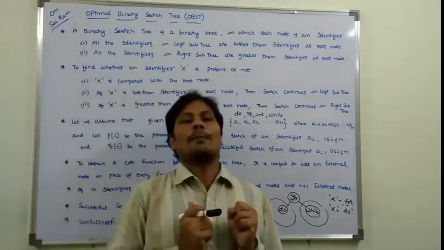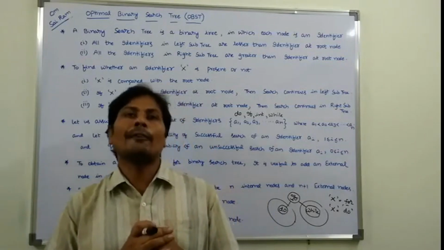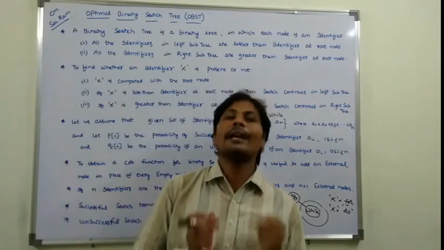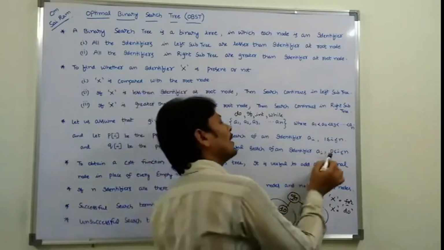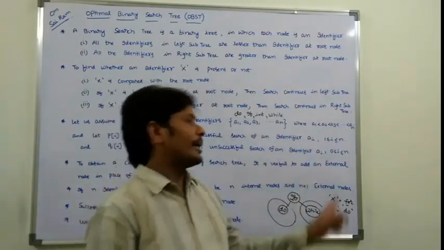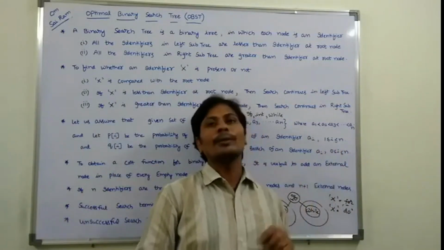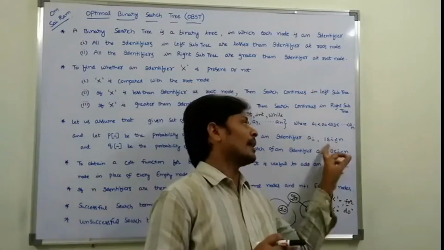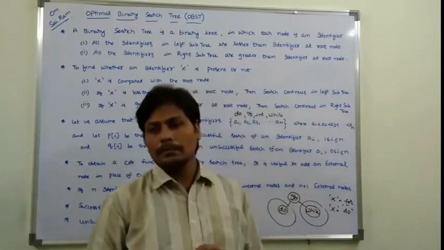Unsuccessful search probability is denoted as Q of I. So Q of I is the probability of unsuccessful search for an identifier. Unsuccessful search probability always starts with 0 and ends with n, 0 less than or equal to I less than or equal to n. Successful search probability always starts with 1, 1 less than or equal to I less than or equal to n.